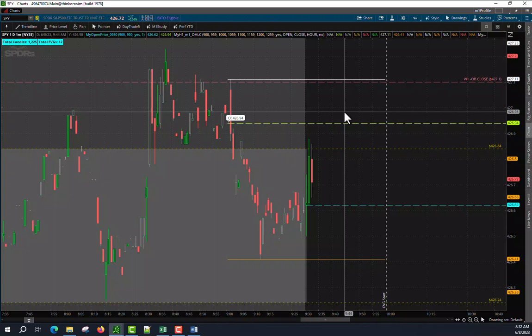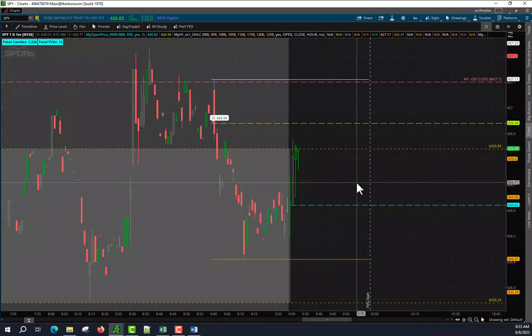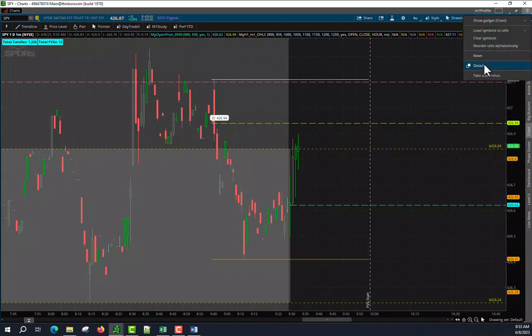So let's see how it plays out this Thursday and this Friday, because we want to play the CPI week, so we have to pay attention to how it moves the week before. Let's take a look at the 5 minutes.